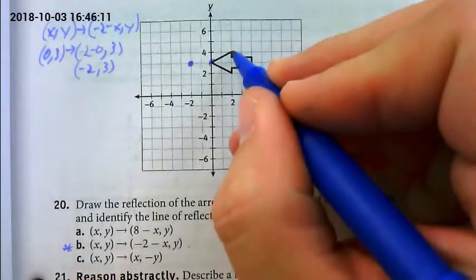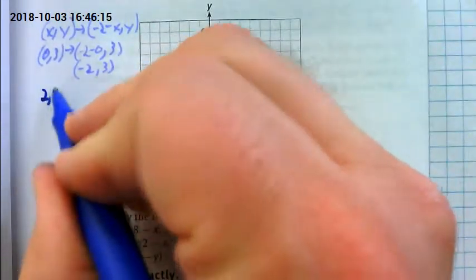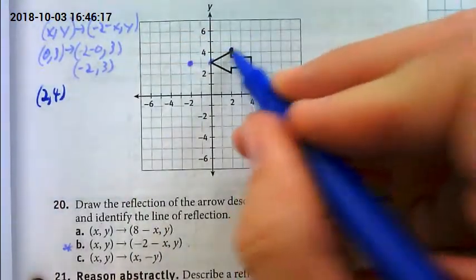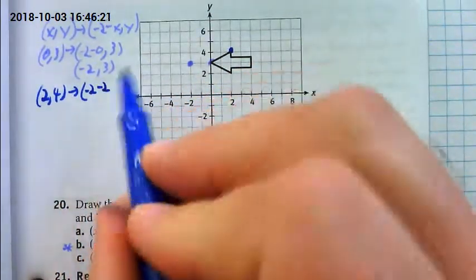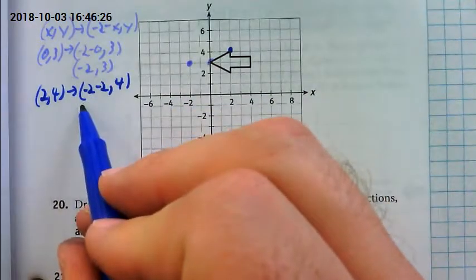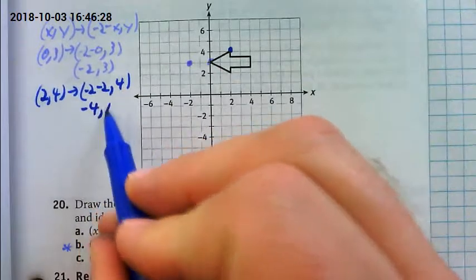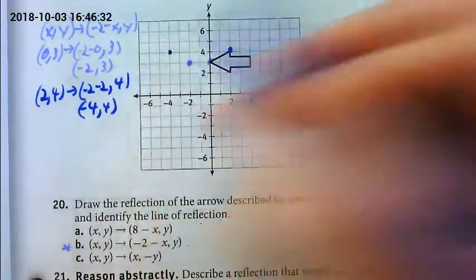All right, the next point there is at 2, 4. So 2, 4. We're going to move it to -2 minus 2, comma 4. -2 minus 2 is -4. So we're at -4, 4. -4, 4, that's my new point.